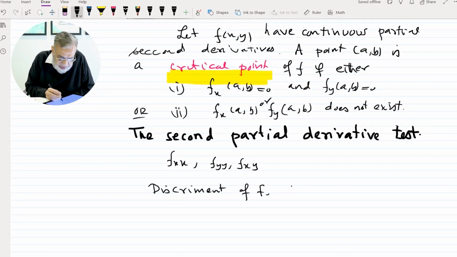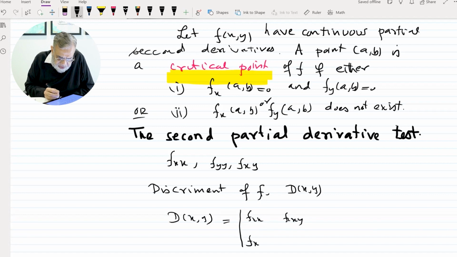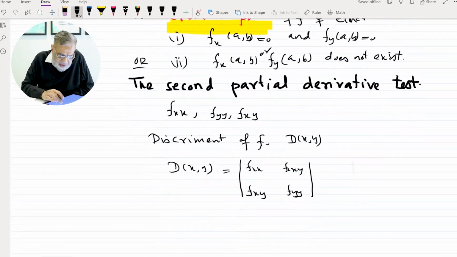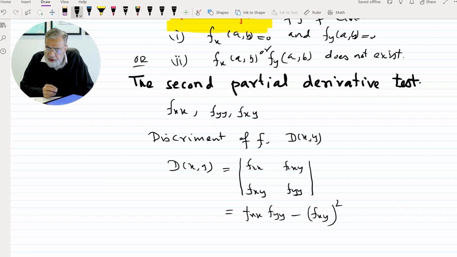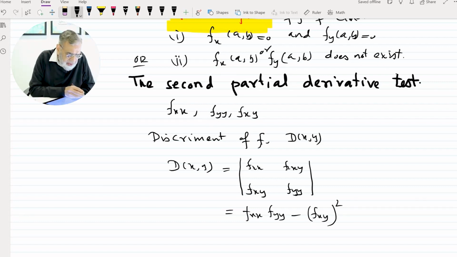We denote this discriminant by D(x,y), and we combine these as a determinant: f_xx, f_xy, f_xy, and f_yy. When you open this determinant, we get f_xx times f_yy minus f_xy whole squared. So this is my discriminant.